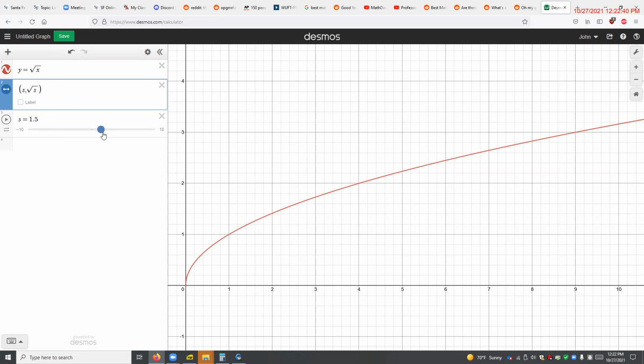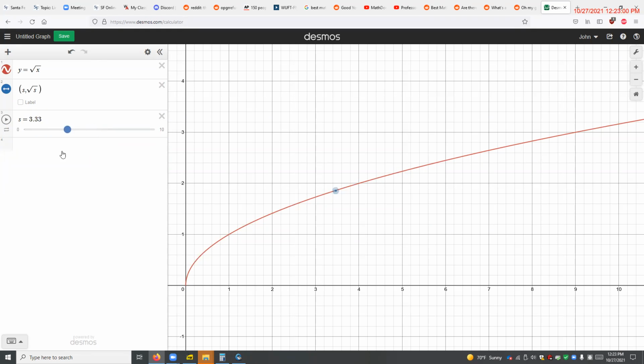Okay, so here's a point that I can move around along this graph as much as I want.